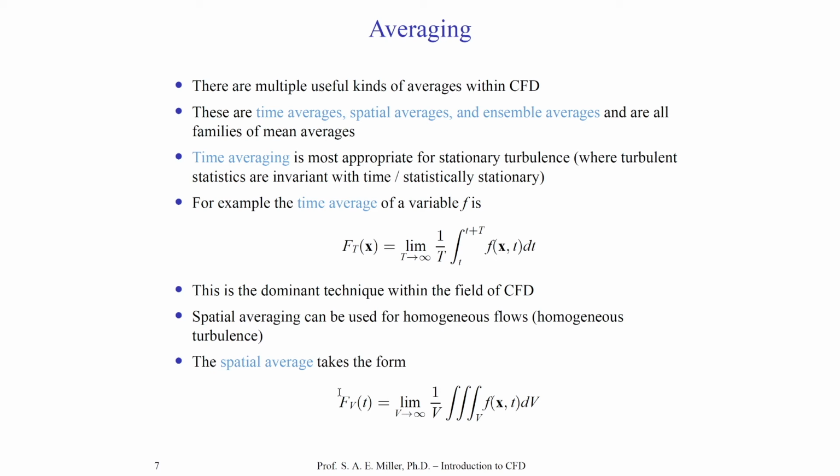We could also average over multiple spatial coordinates, and that's fine too. There's certain times when this is very useful. For example, what if you wanted to know the average density within a volume over time? You could then just multiply by the volume to find the average mass over time. This could be useful when looking at a plenum, which is exhausting to the atmosphere.